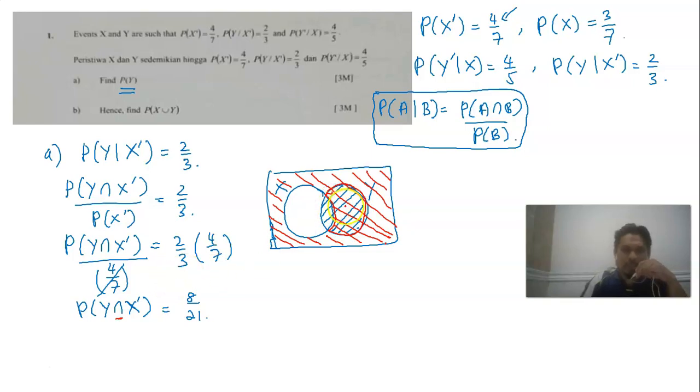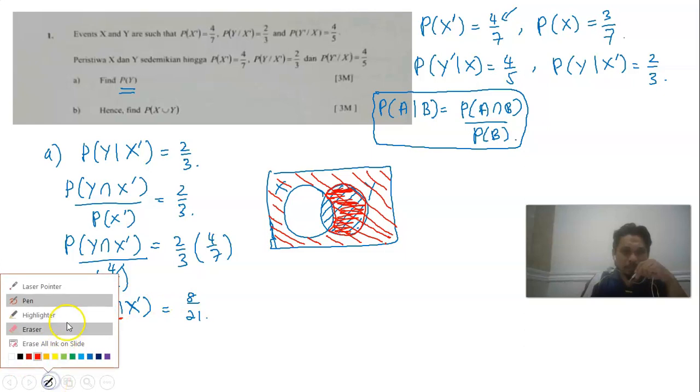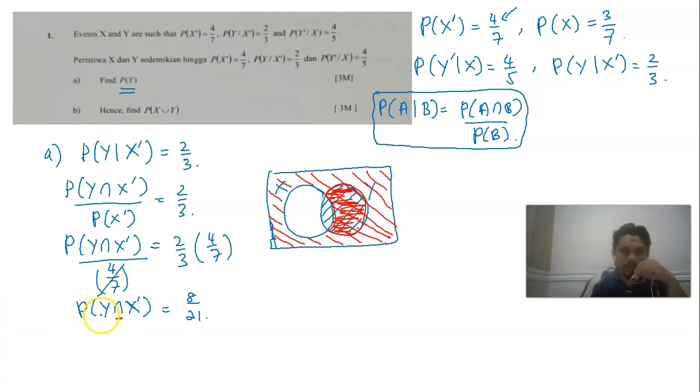So this section can also be written as probability of Y minus probability of X intersect Y. The probability of the whole Y minus the intersection area here, so we get the area of Y only.